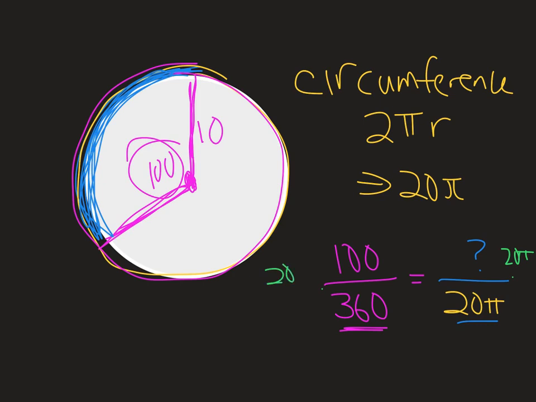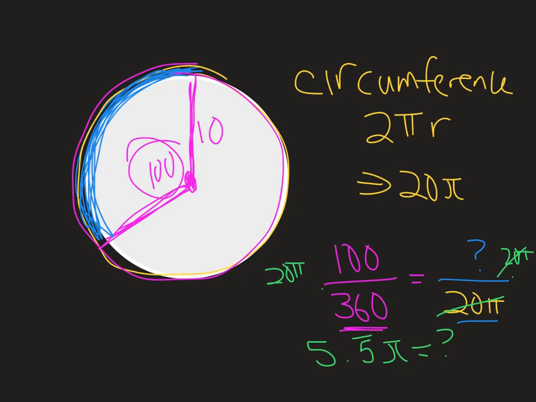Times 20 pi, times 20 pi. On this side, those 20 pi's cancel out. So let's ignore the pi for now. Let's do 20 times 100 and then divide by 360. So I got 5.5 repeating pi. That's going to be what my question mark is.